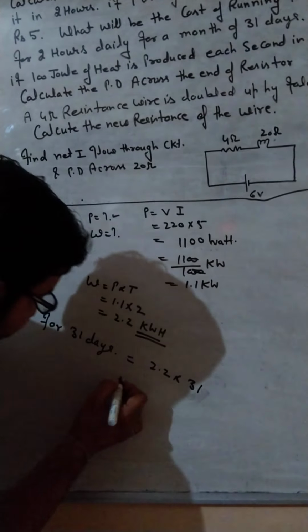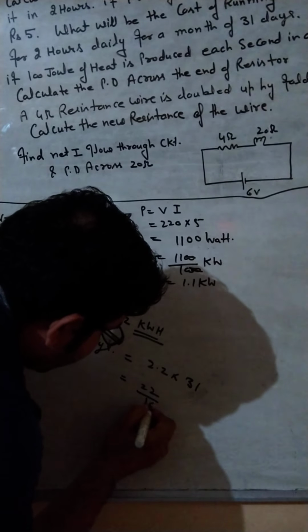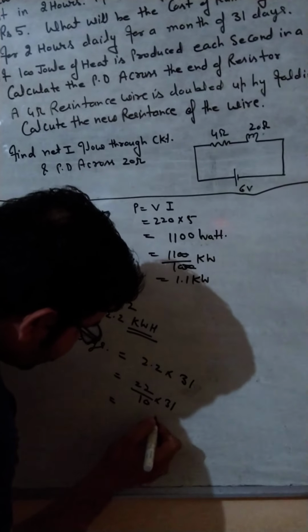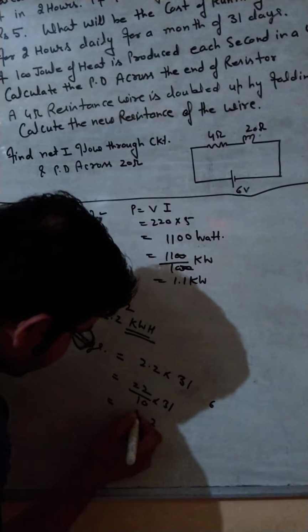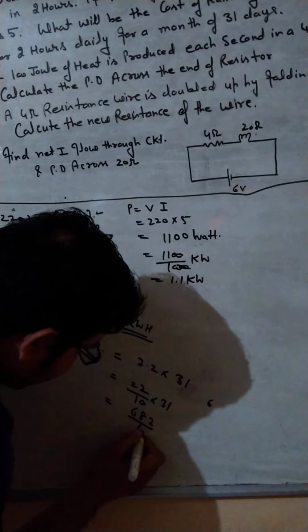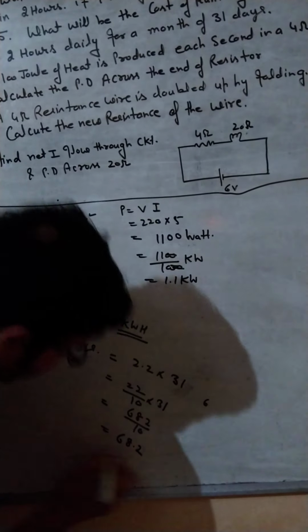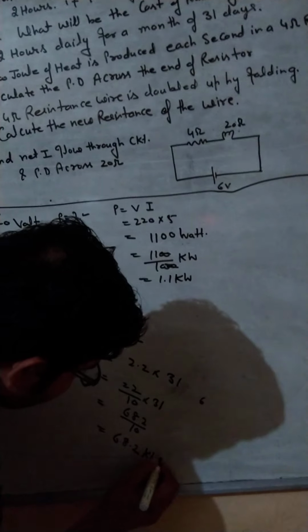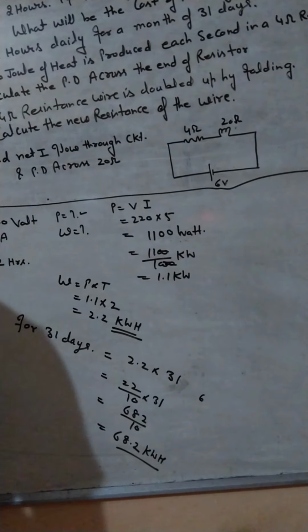Now that is 22 divided by 10 into 31. That will be 31 twos are 62, 6 and 6 is 68, upon 10. That means 68.2 kilowatt hour. That is the total energy consumed for 31 days.